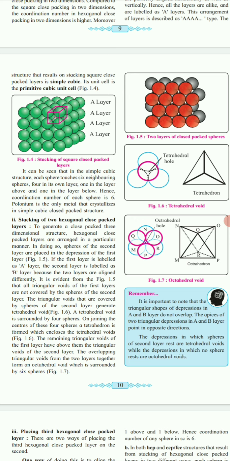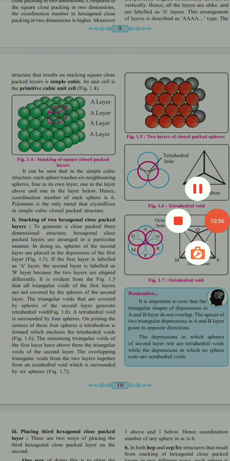The remaining triangular voids of the first layer have above them the triangular voids of the second layer. The overlapping triangular voids from the two layers together form an octahedral void, which is surrounded by six spheres. Figure 1.7.